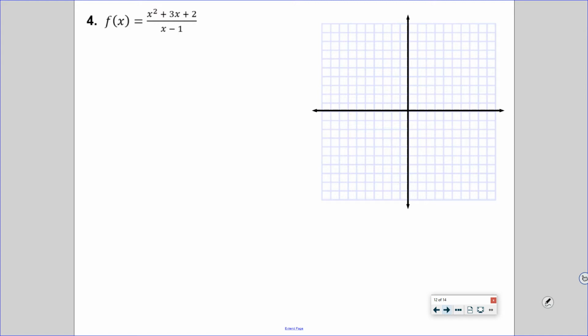Here we go. We finally have one where the degree of our numerator is bigger than the degree of our denominator. So first things first, I see I could factor the numerator into x plus 1 times x plus 2. However, nothing cancels.